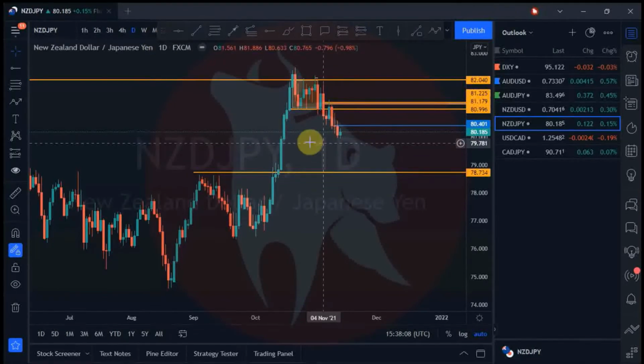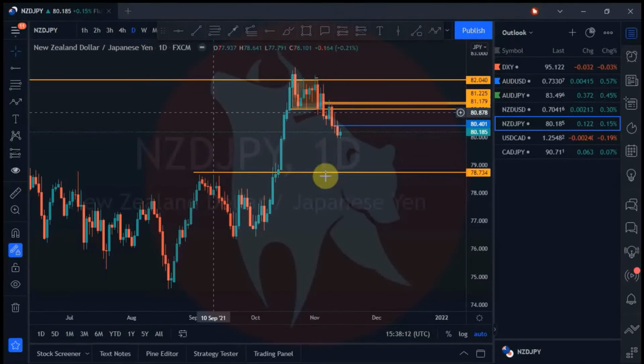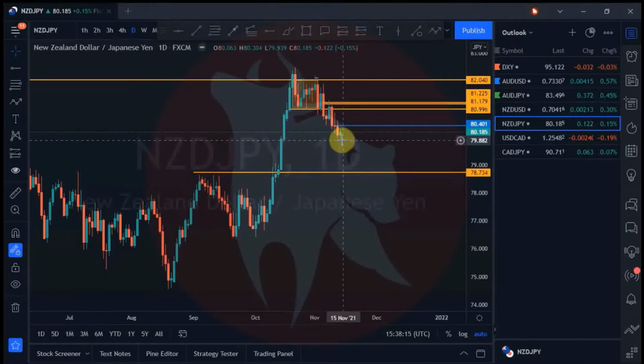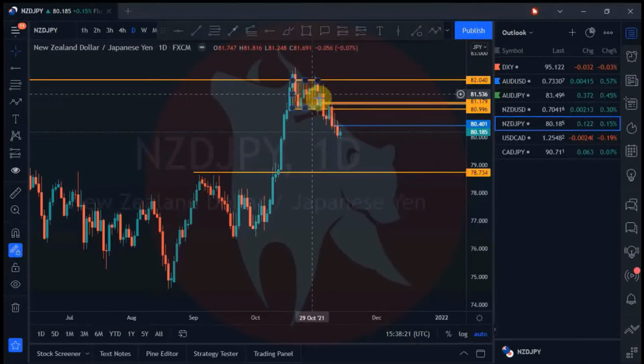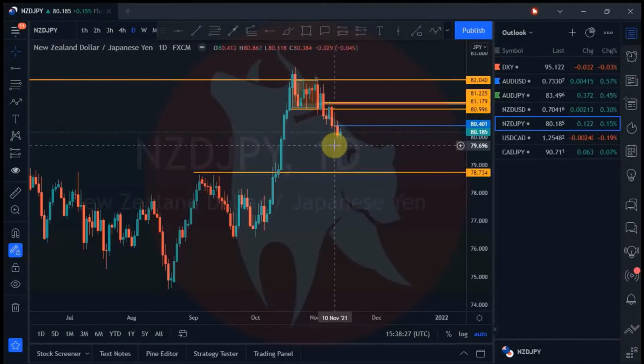Look at what is happening here. Let's stay on the daily, because the daily is giving us a much clearer picture. We saw price in a consolidation, and then the next thing we saw was expansion, then a little bit of retracement back into consolidation and then expansion. Currently this candle is telling us that price is retracing.